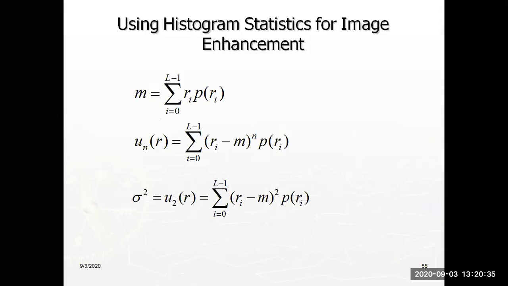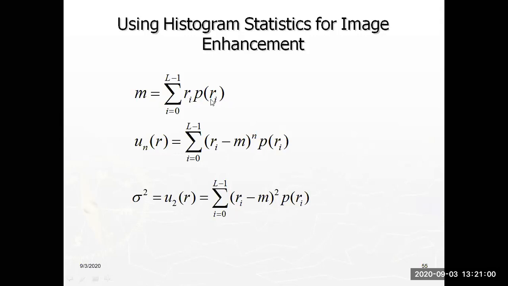So with the help of P of Ri and Ri, we can definitely calculate the mean value. The mean value is equal to sigma i equals 0 to L minus 1 of Ri into P of Ri. What is P of Ri? P of Ri is the probability of a pixel having the intensity value Ri.